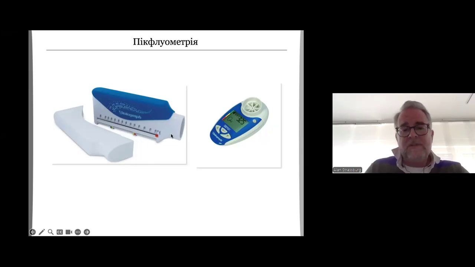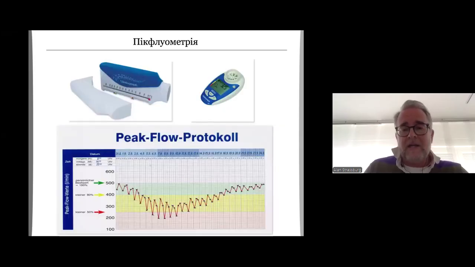We like to use these peak flow meters, for example, to monitor an asthma, or in small children who are not so good in performing a lung function test and a body plethysmography, maybe to diagnose an asthma. And the patients get one of these peak flow meters back home.